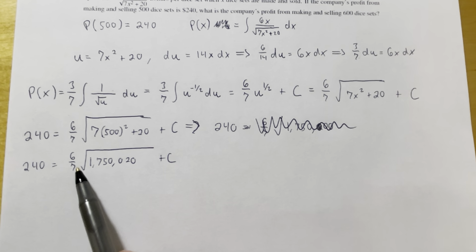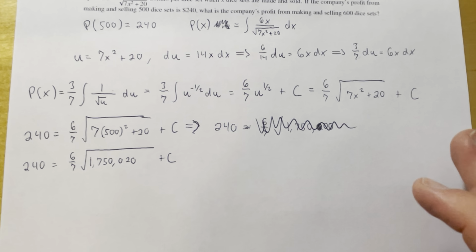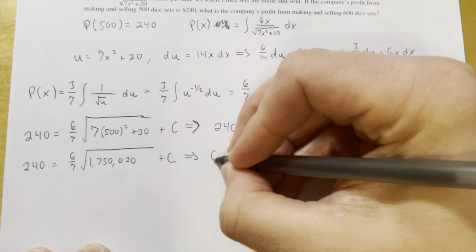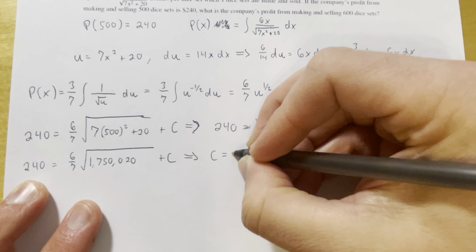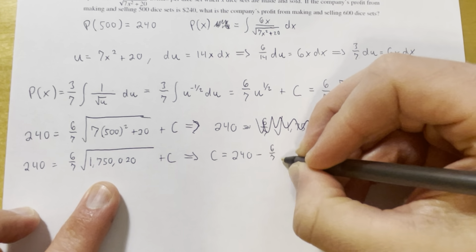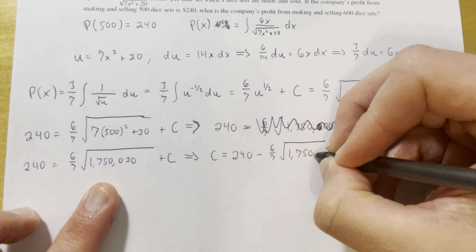You are not actually obligated to get c in an exact form. We can leave it in radical form. So let's do this. This may be unsatisfying, but I can write c as 240 minus all of this stuff, 6/7 times the square root of 1,750,020.